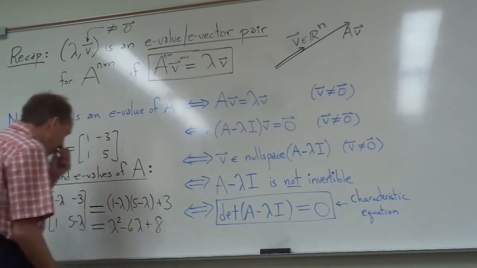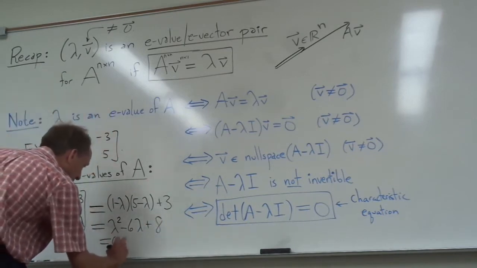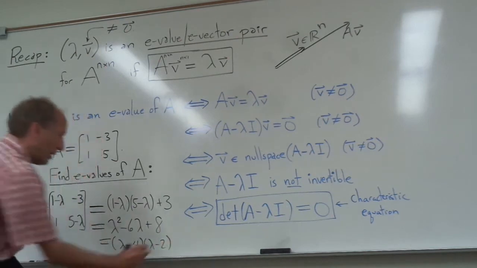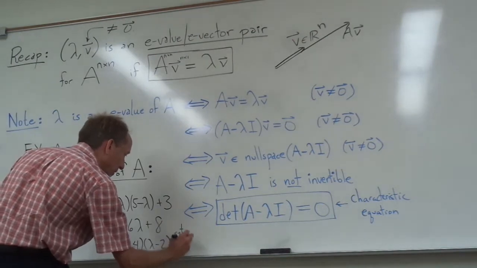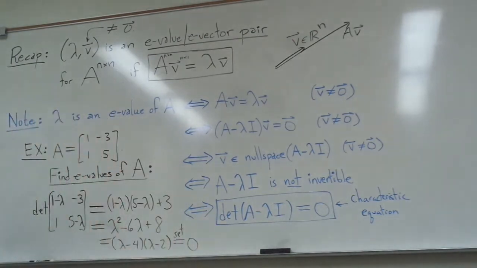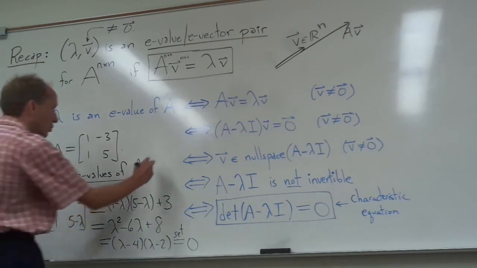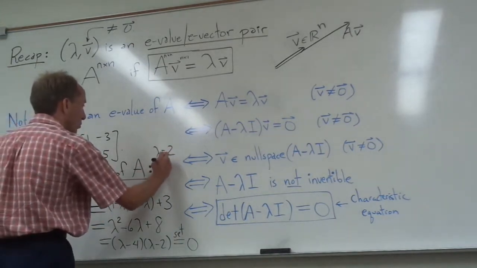And that factors nicely in this case: (lambda minus 4) times (lambda minus 2). We can set that equal to 0, and we get that lambda is equal to 2 or 4.